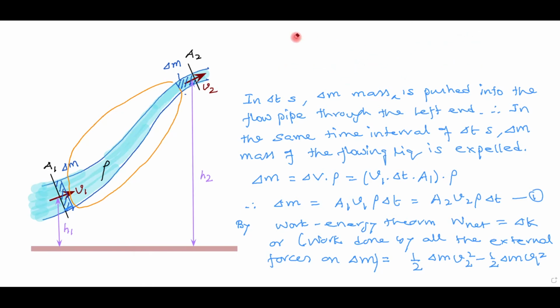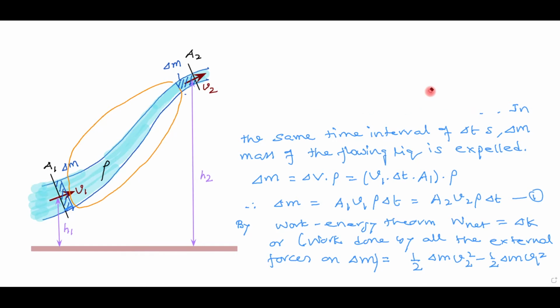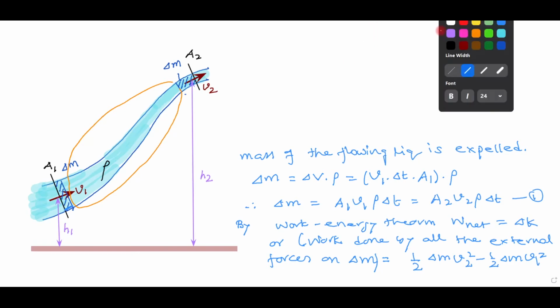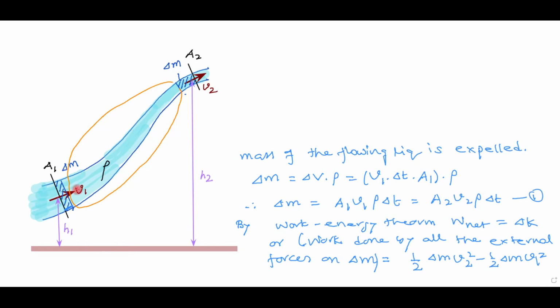Now, in order to find the work done by all the external forces, we'll have to identify the external forces first. What are these external forces? The external forces are, first of all, the thrust exerted by the liquid which lies behind this del m.